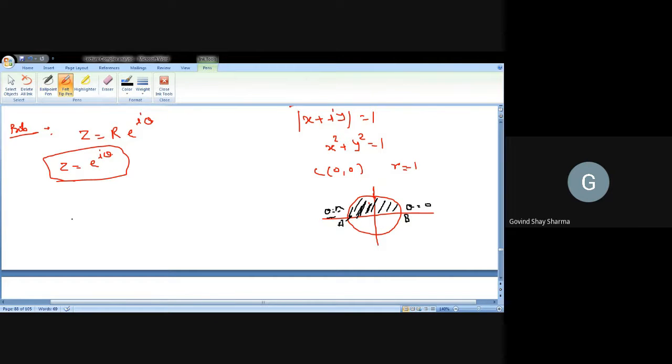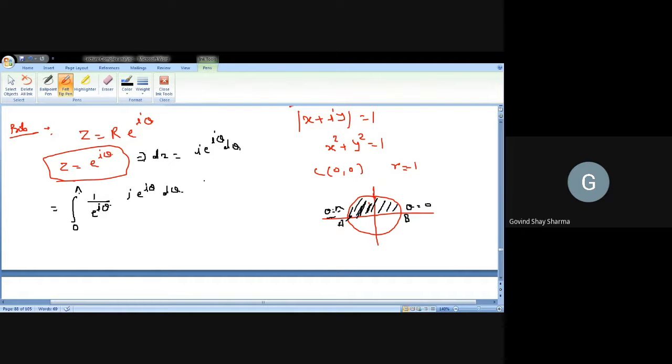Now the limit becomes 0 to pi, 1 upon z, e to the power iota theta, and dz. Here we find dz is equal to iota e to the power iota theta. Simply it is asking about the semicircular, which means half of the circle.